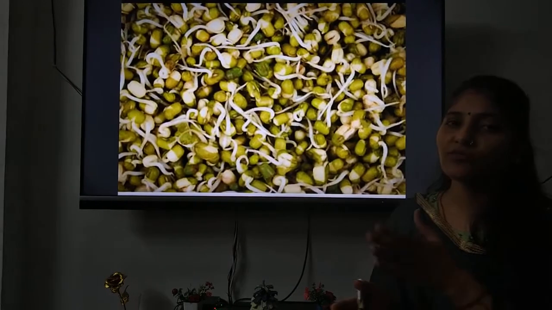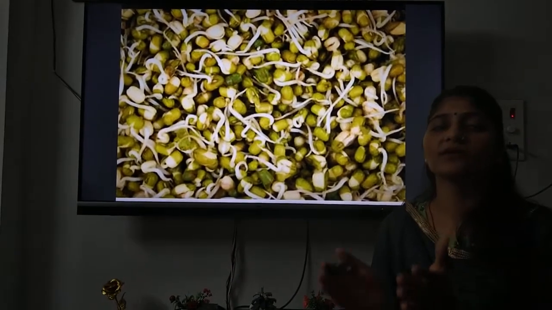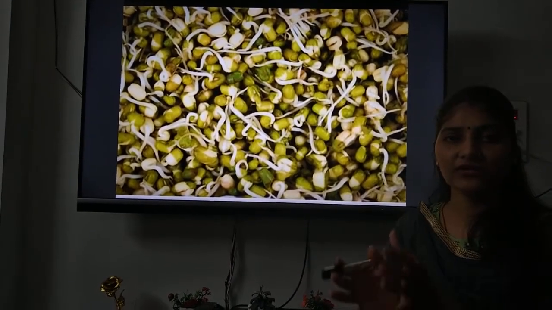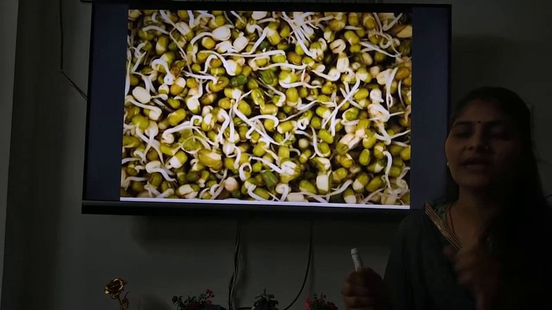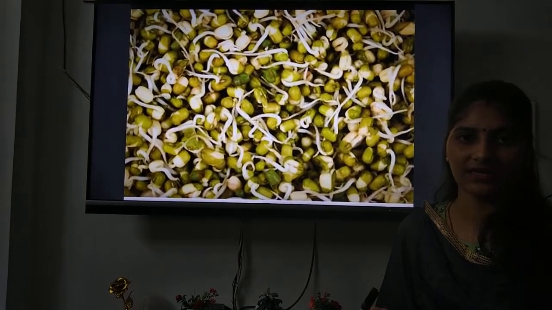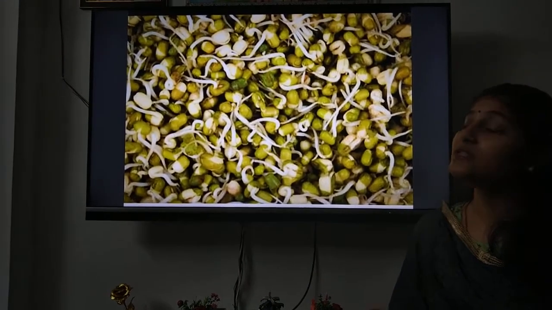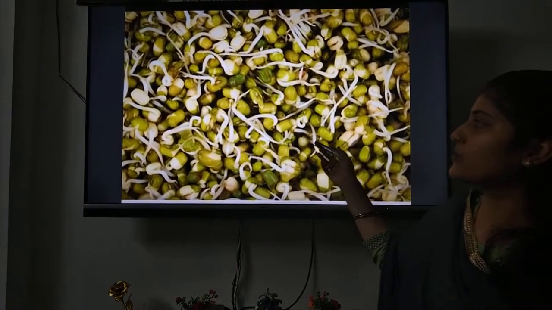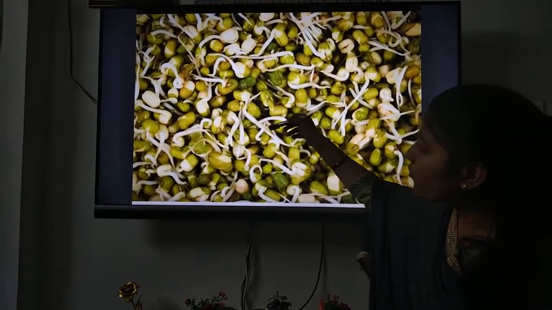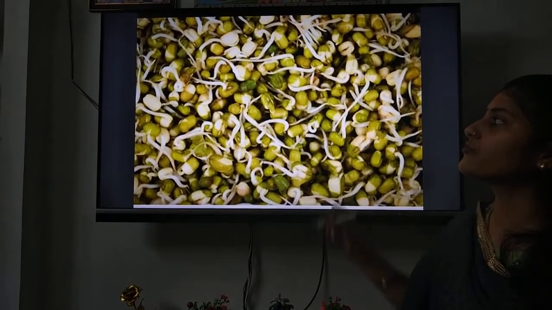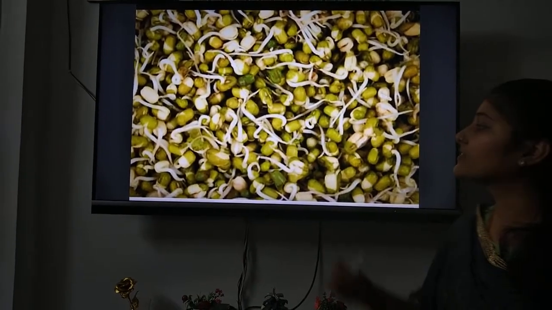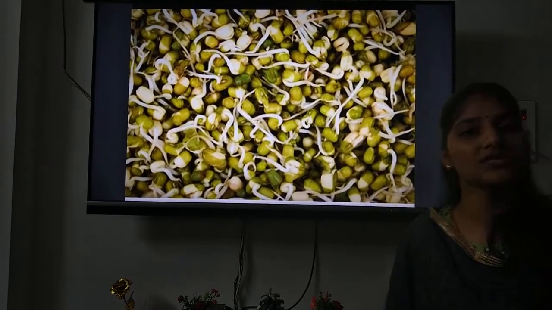The next day remove the water, take the gram in a wet cloth, tie it up and sprinkle water as needed, and in 1 or 2 days you will see the same sprouts. The small, white colored structure will appear from the green gram, and these are then called sprouts.